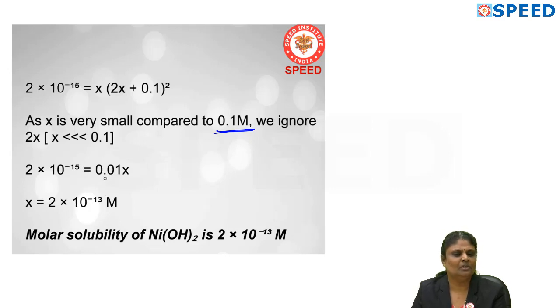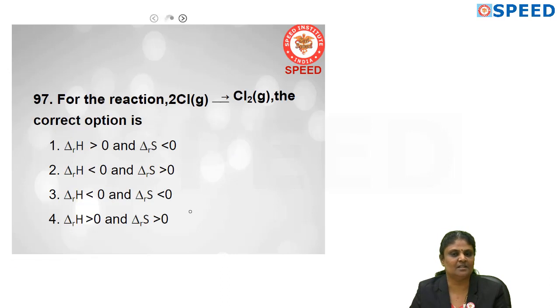So you have to divide: here this is in multiplication, so it goes to that side and becomes division. Here this 0.01 is there, no? So you have to add 2: minus 15 plus 2, so the power will be minus 13. So that's why I put 2 into 10 to the power of minus 13 M. So this is the correct answer.